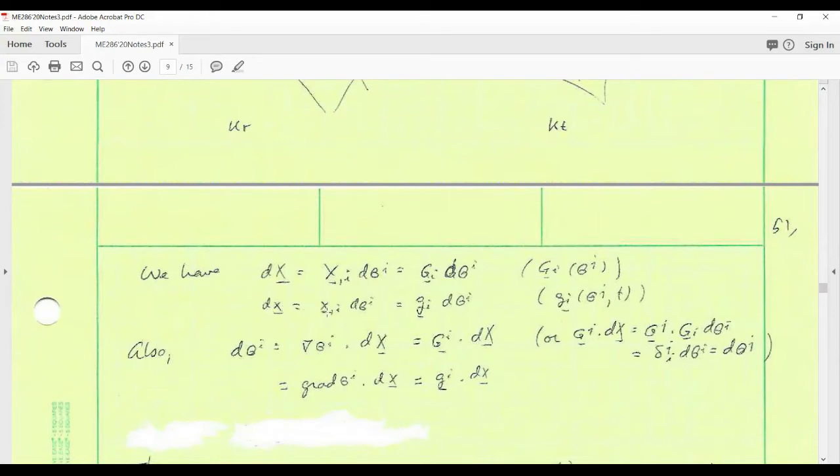D small x would be, again, x comma I d theta I by the chain rule, and the small x comma I are just the natural basis elements in the current configuration. And because x depends on time as well as the thetas, the g's also depend on time. The capital G's do not.